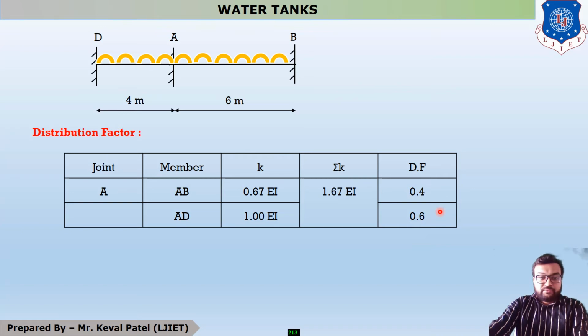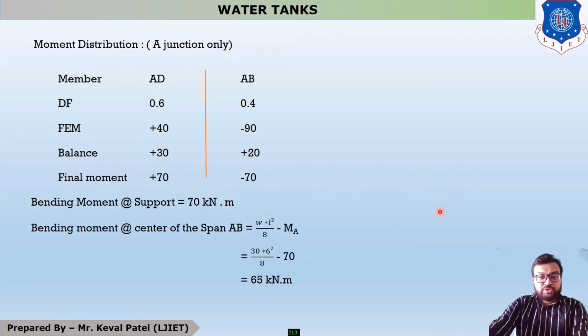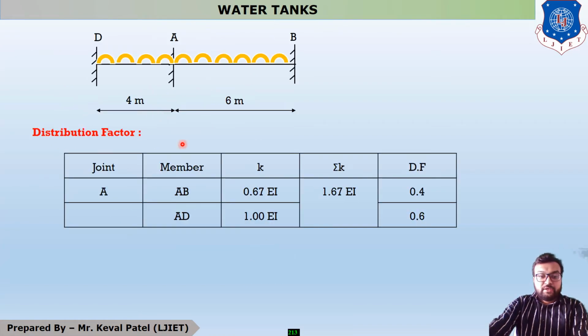Now we are moving further to balance the moment with the help of the moment distribution table. So this is the moment distribution table in which there are two members. Second is DF, distribution factor, and this value is coming from this table.